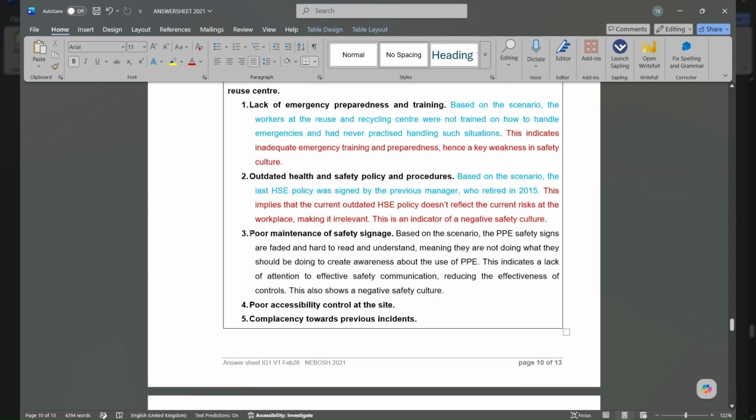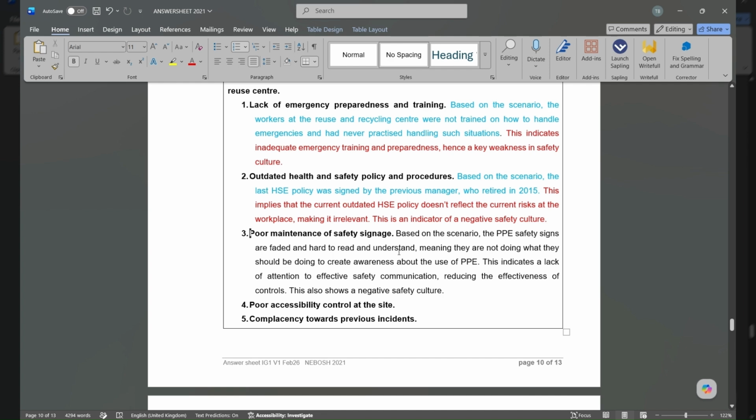Number 3, poor maintenance of safety signage. Based on the scenario, the PPE safety signs are faded and hard to read and understand, meaning they are not doing what they should be doing to create awareness about the use of PPE.